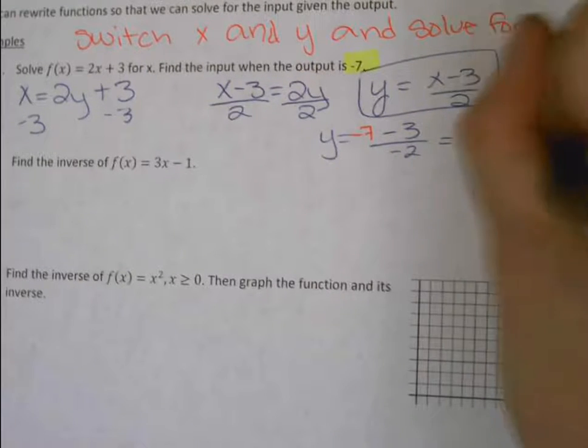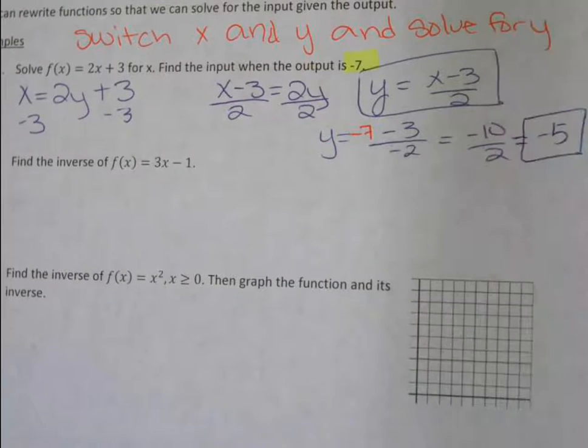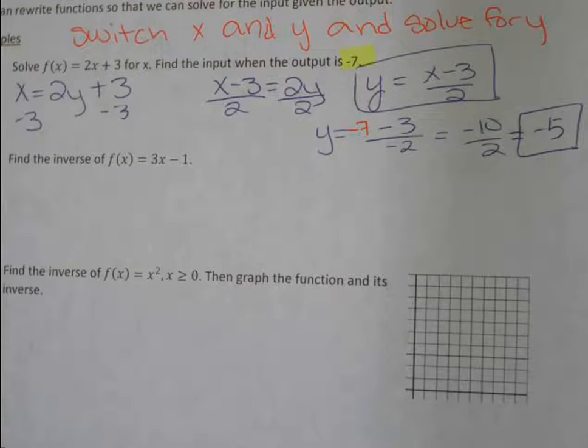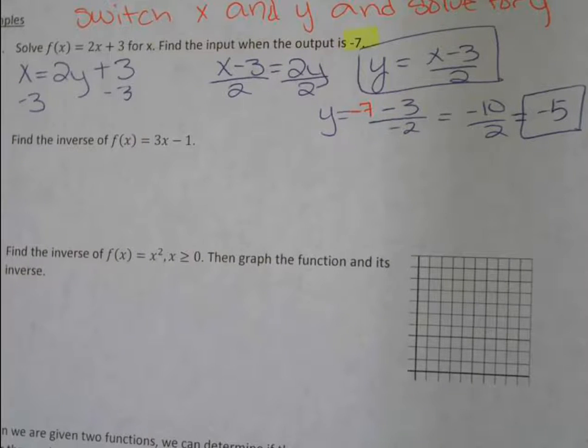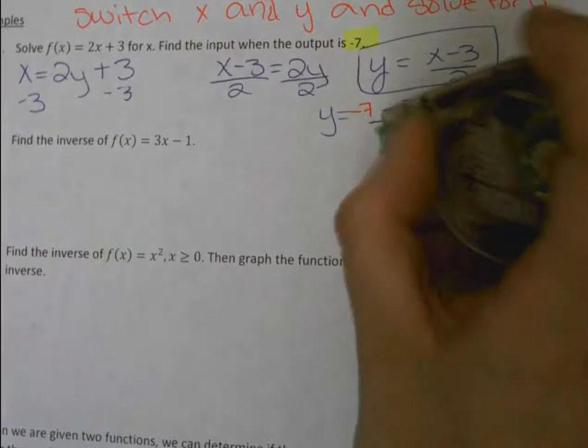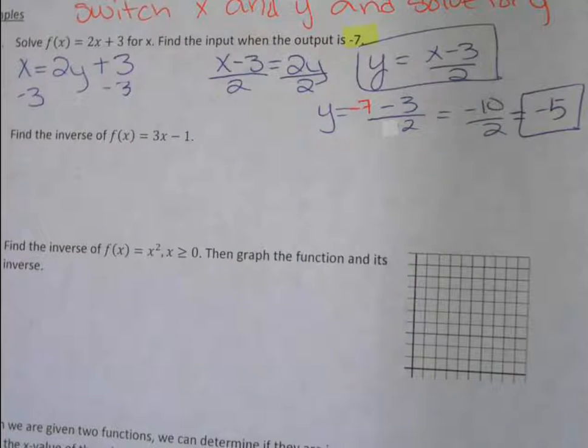So it just gives me -5. Questions on number 1? I don't know why I put a -2 on the bottom. I think I was just getting a little too happy with the negatives.